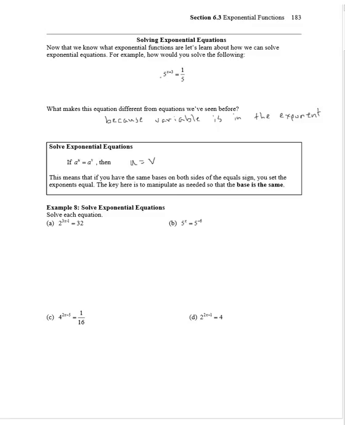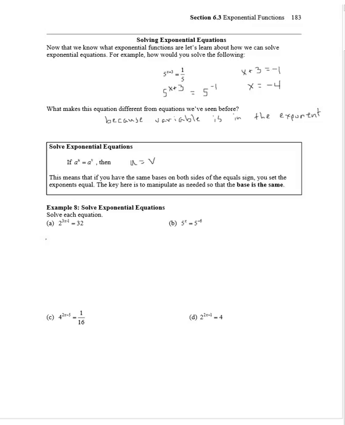This one is 5^(x+3), and using the rules of exponents, 1/5 is 5^(-1). Since the bases are the same, we just set the exponents equal: x + 3 = -1. So x = -4.